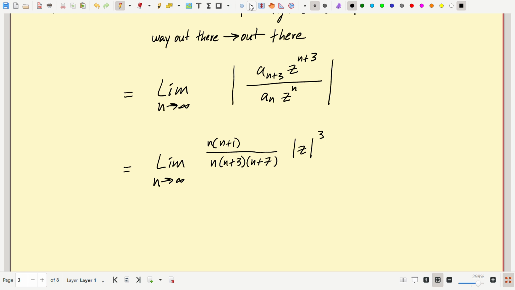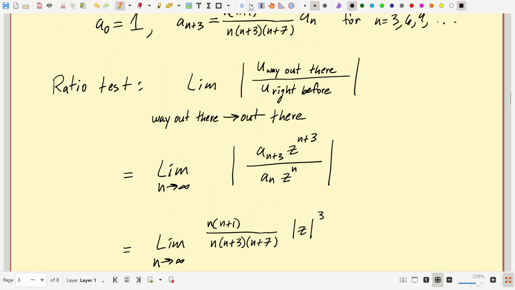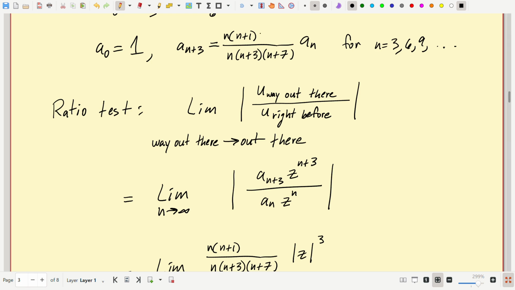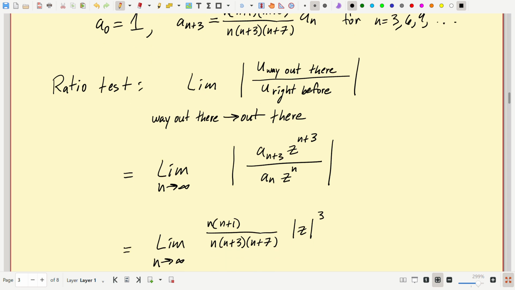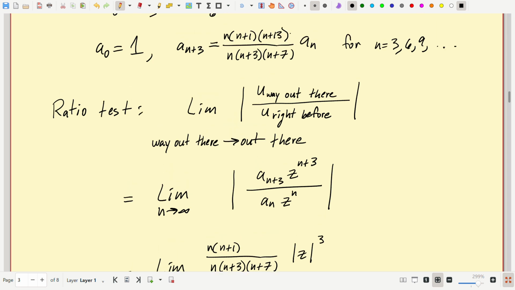I don't like my recursion formula anymore. I'm going to change it. How about 2n plus 13? Why not?